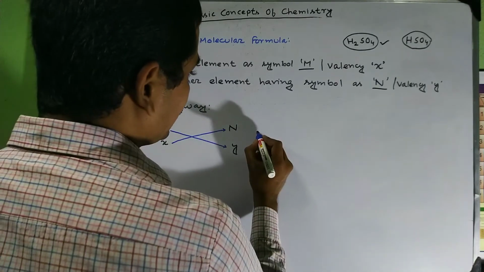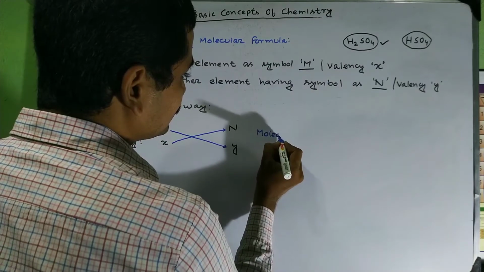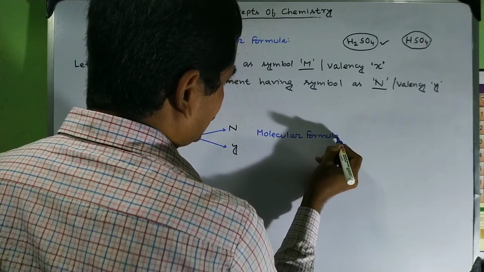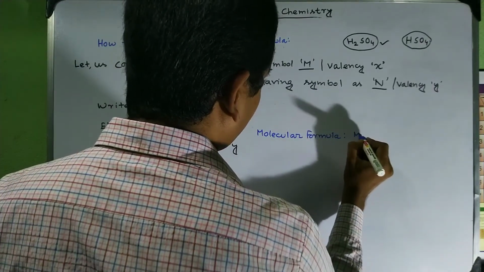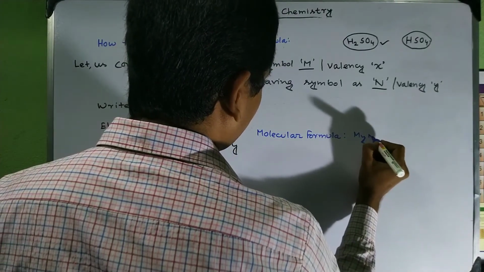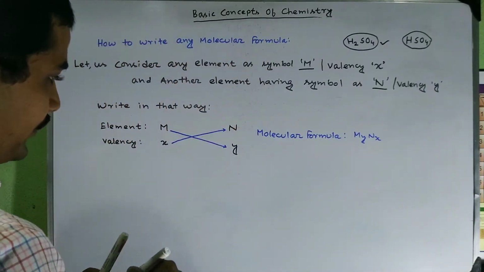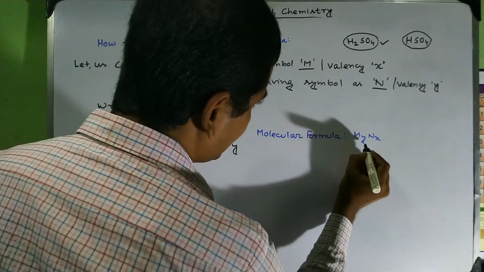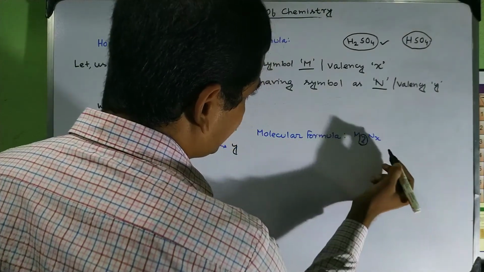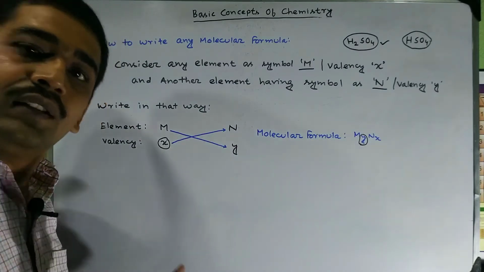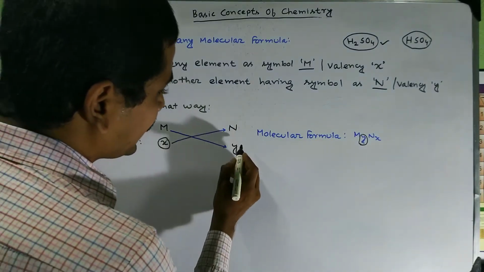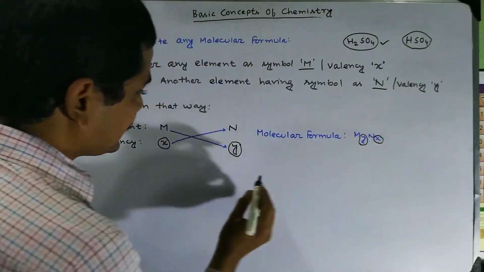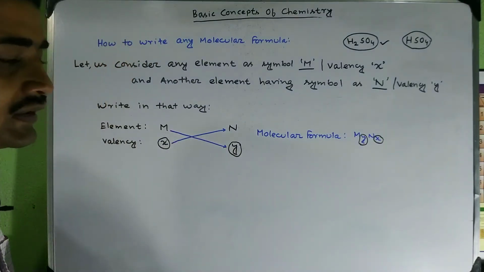Now what is the molecular formula? The molecular formula is M Y N X. Look, the valency of M is X, but here we write M Y. This is an interchange between M and N. For N the valency is Y, but here we write N X. That is also an interchange.